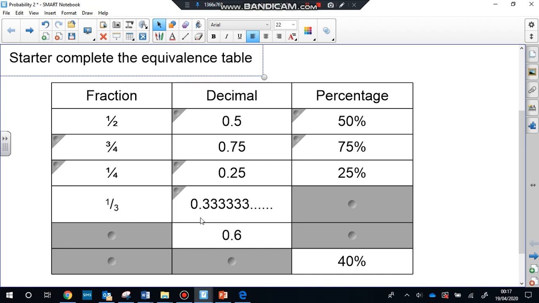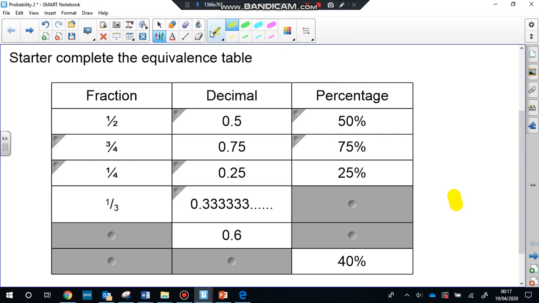You have to write it as 0.33333333 with some dots, or you could write it as 0.3 with a dot over the 3, but you must have a very clear dot on the 3, okay, because that is the same as this.